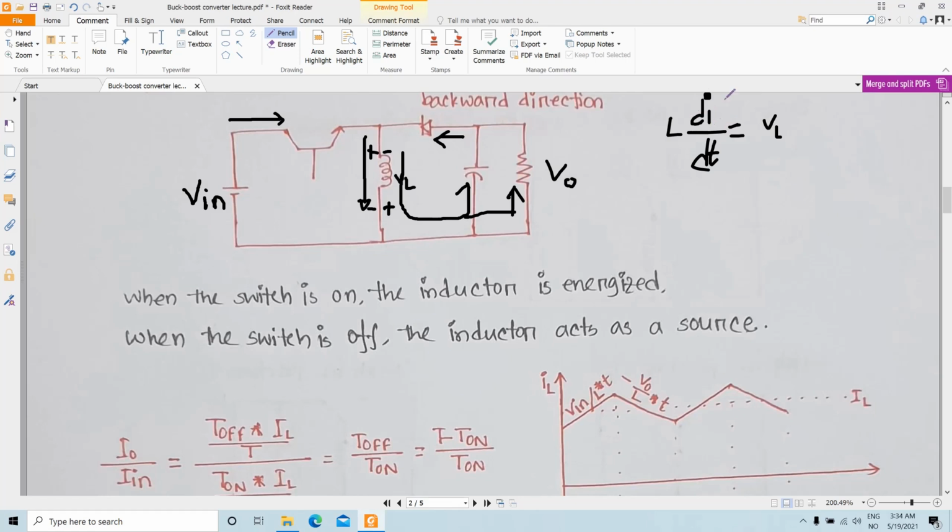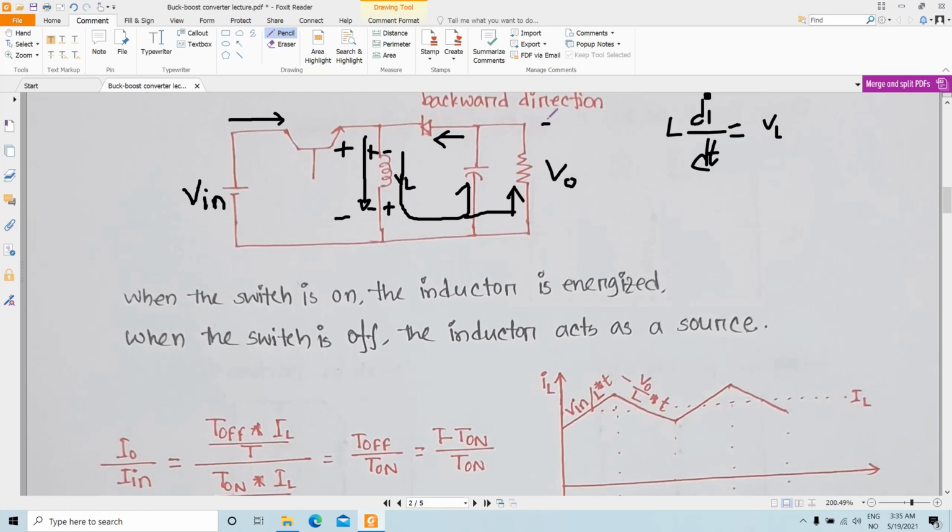That means if you want to get the inductor current, you have to integrate the inductor voltage. Now if you consider the inductor voltage with the polarity like this, then for the time when the switch is on, your inductor voltage is positive, but when the switch is off, the inductor voltage is basically V out, which is negative.